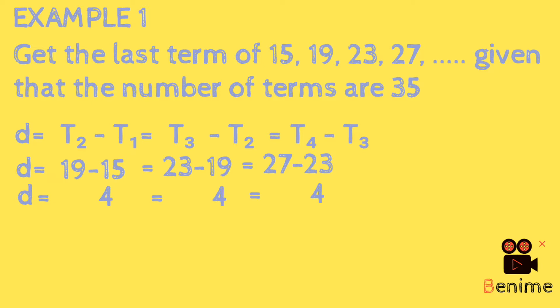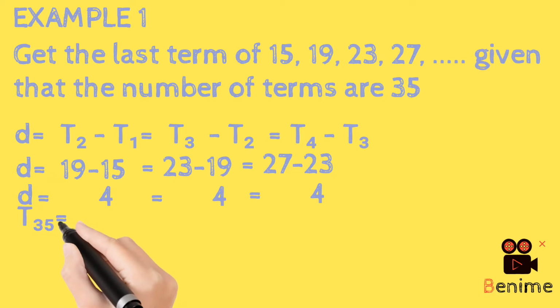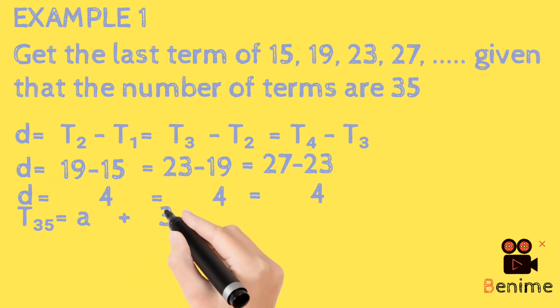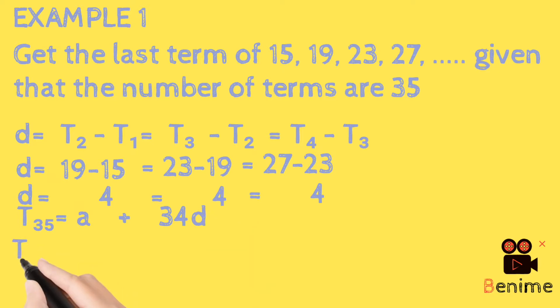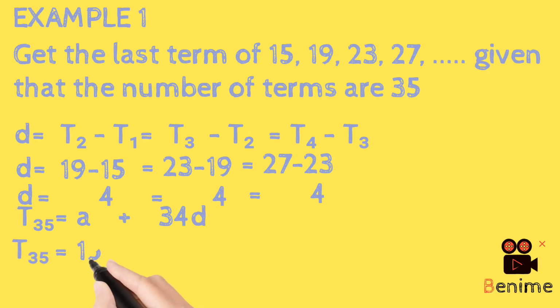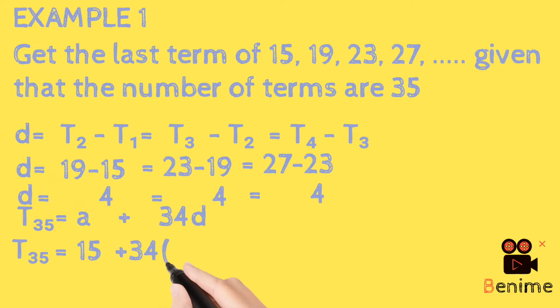So T35 will be A plus 34d. Remember how we do it? You reduce the 35 by 1, so that will be the coefficient. Now, the first term, that's A, was 15. D we found to be 4. So you substitute it in. T35 is equal to 15 plus 34 open brackets, 4 close brackets.